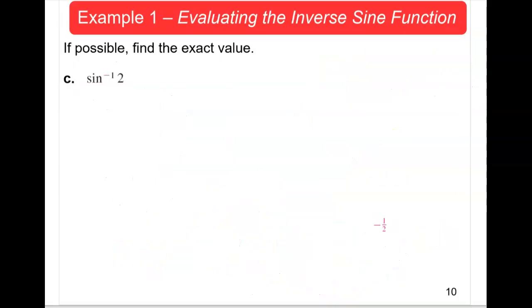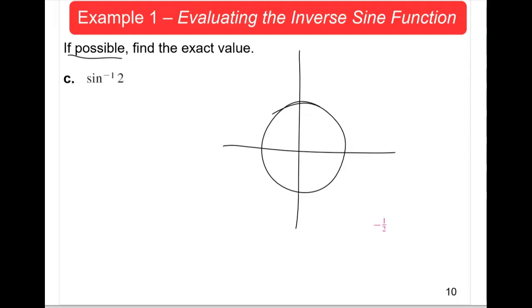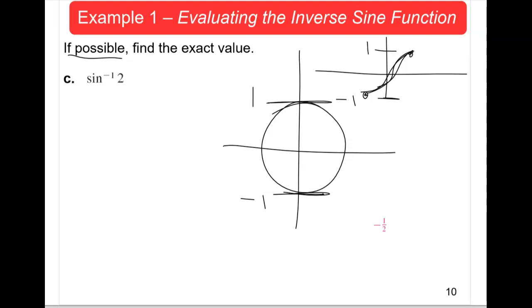The next question is more of a tricky question, and you see it says "if possible." Well, guess what? This is not possible because the sine values go from -1 to 1. So also, if I show you the sine graph for the little section where we decided to restrict the domain, this was a -1 and this was a 1.